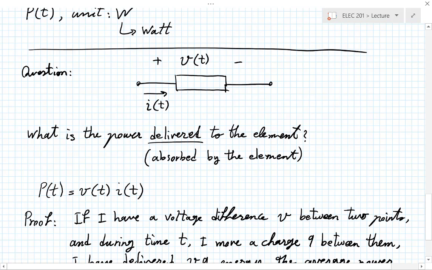So that charge is gaining energy. So the element in which this charge is moving, the charge, quote unquote, belongs to that element, is getting power through that voltage current combination. So that's why if you have your convention defined like this, if the power comes out as positive, it means the element is absorbing or consuming power. If it comes out as negative, it means the element is delivering power.